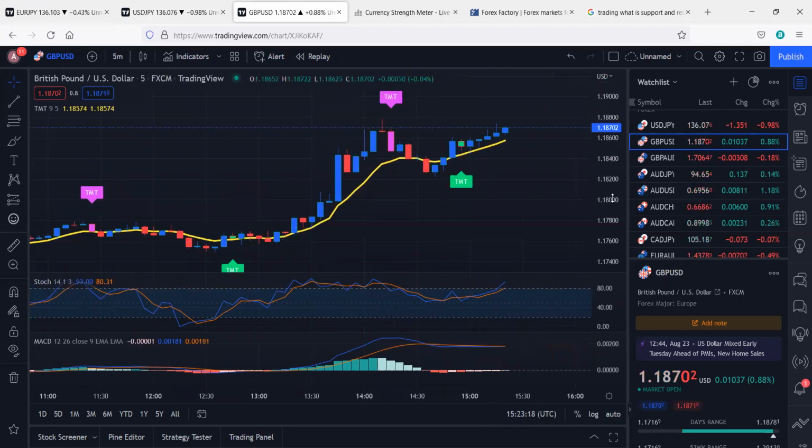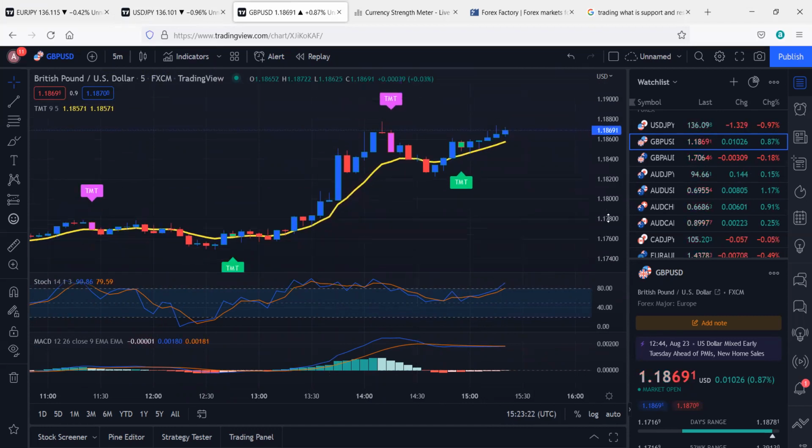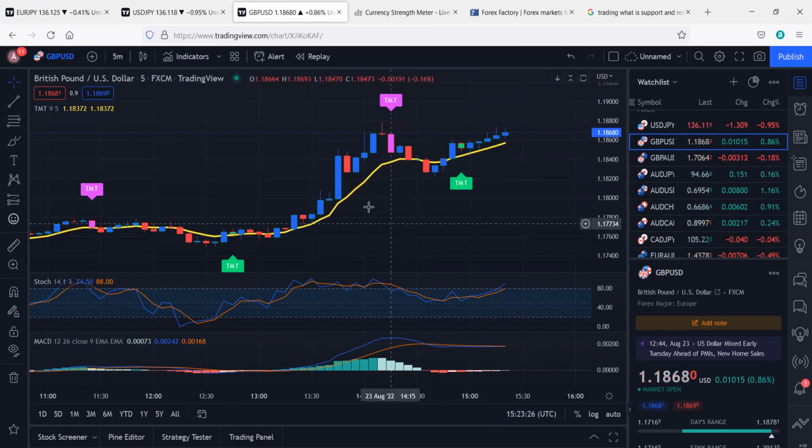Well, ladies and gents, this blue candle is considered a normal bullish candle. Generally, it would be green if you see it in a different chart. The red one is a bearish candle.